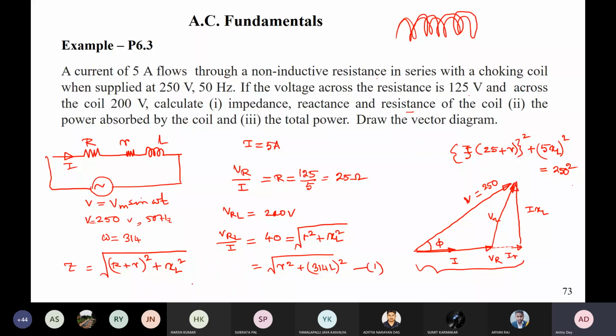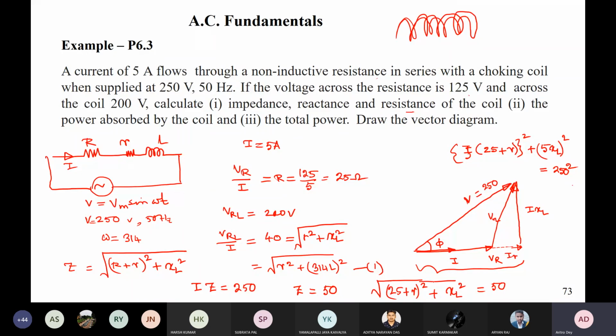I into Z is equal to 250, so Z is equal to 50, and that is equal to the square root of (25 plus small r) whole square plus XL square. So here you are finding r square plus XL square is equal to 40 square, and (25 plus r) square plus XL square equal to 50 square.